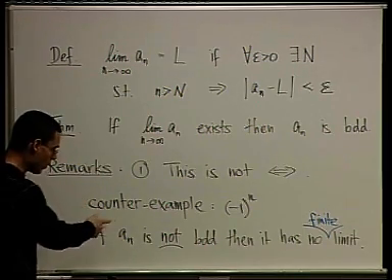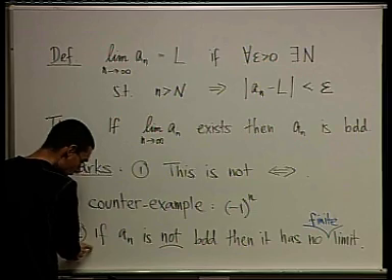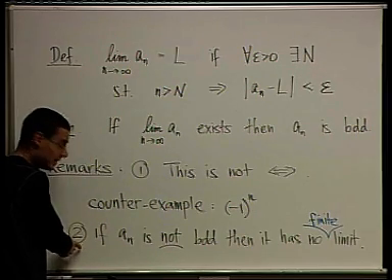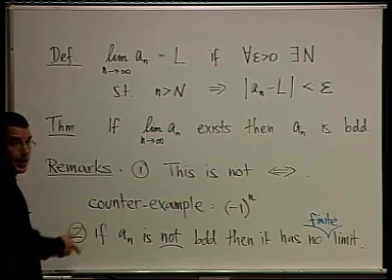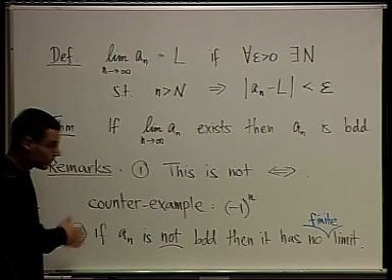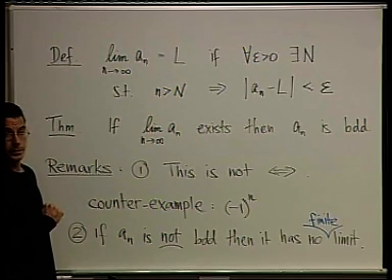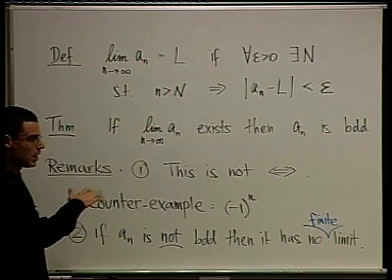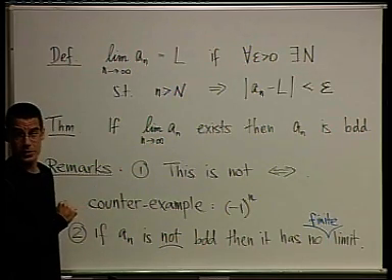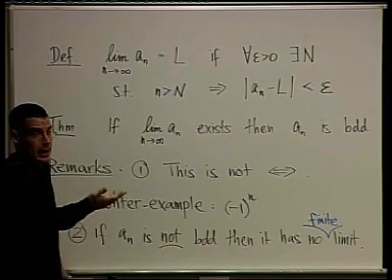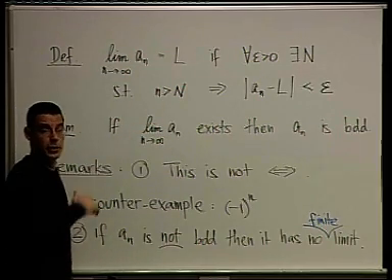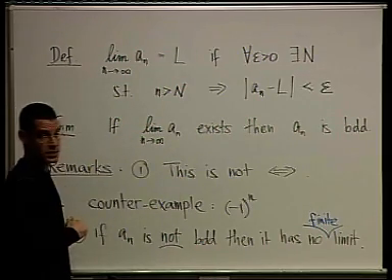And now we have a very easy way of proving that all those examples which were not bounded don't have a finite limit. Okay, so for example, we had an arithmetic sequence. Remember? It's not bounded, right? It was getting bigger and bigger all the time, so it doesn't have a finite limit.